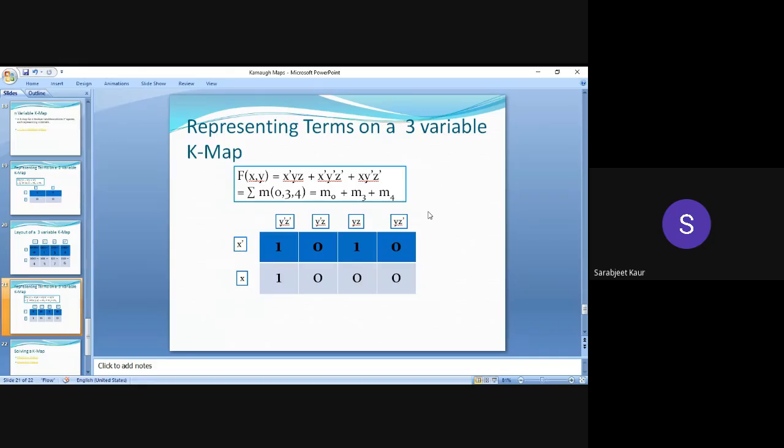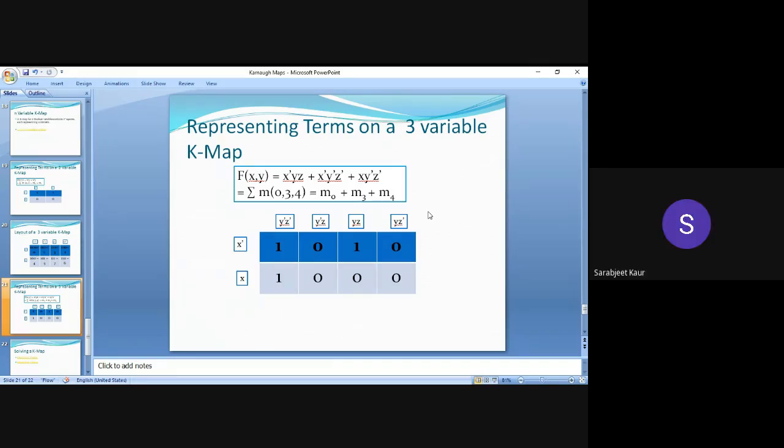Solving a Karnaugh map means to use the Karnaugh map to arrive at an optimally reduced Boolean expression. Is this clear? Yes, ma'am.